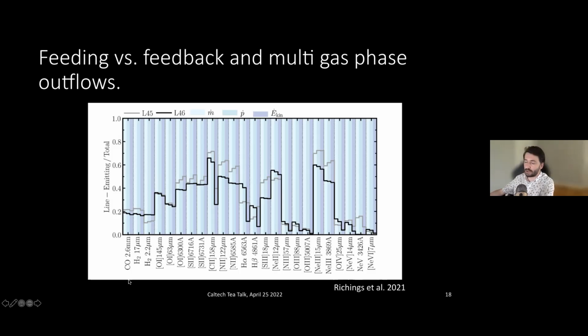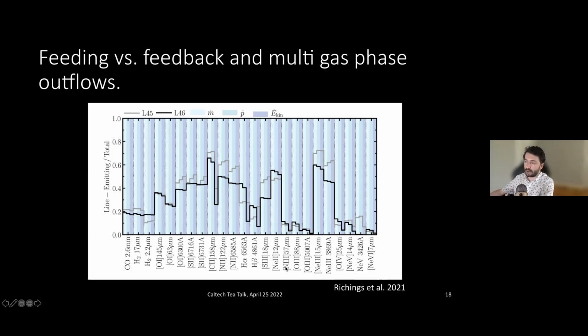This goes all the way from molecular gas in carbon monoxide to highly ionized gas from, for example, oxygen and neon over here. And you can see in black the different energy and momentum rates that you can see in these different lines. So if you really want to get a picture of the energetics in galactic outflows, you can't just study a single line.